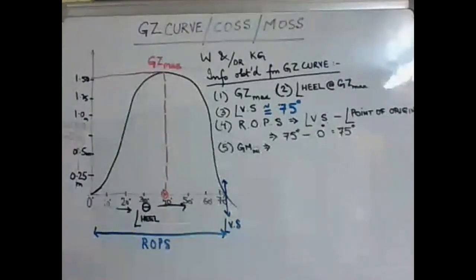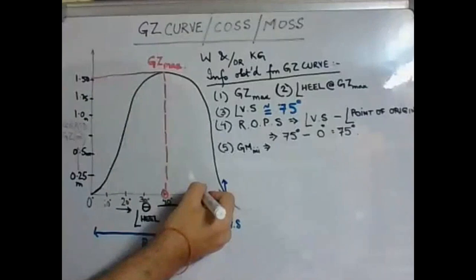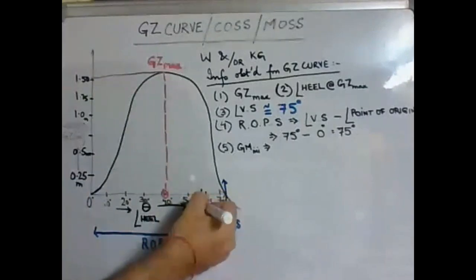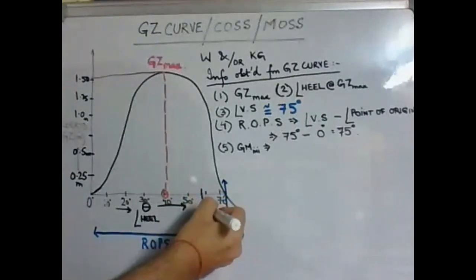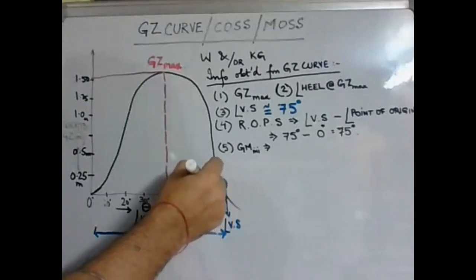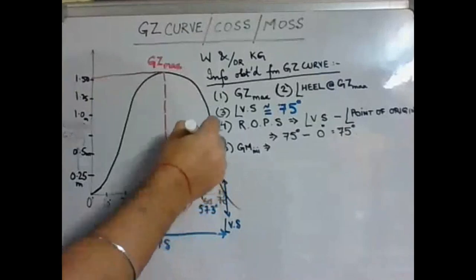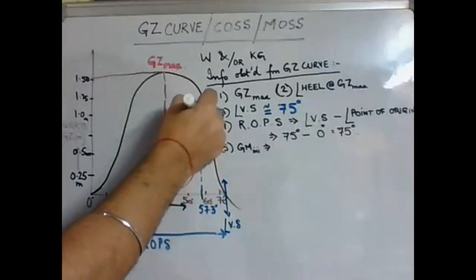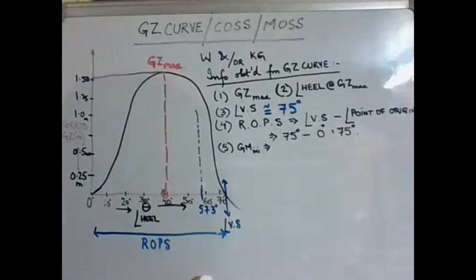GM initial is basically at a fixed value of 57.3 degrees, I erect a perpendicular.